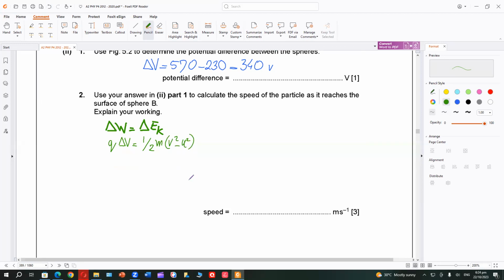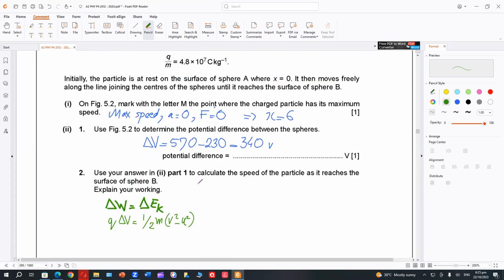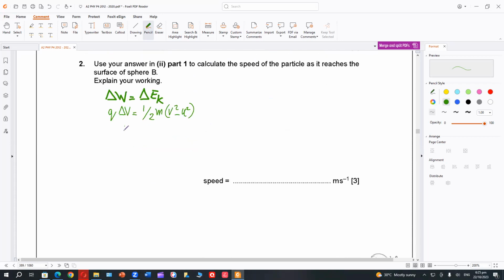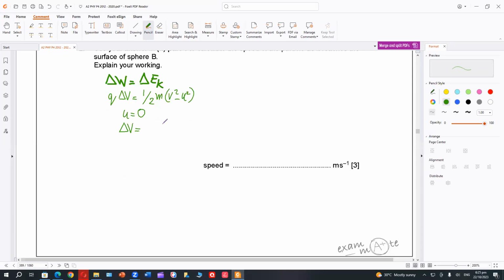I have used this equation. Work done is equal to change in kinetic energy. Now, they have given me the charge. I know the potential, and I can take the final velocity. Initial velocity is 0. Initially, the particle is at rest. So I will take u is equal to 0, and I have delta V is equal to 340.